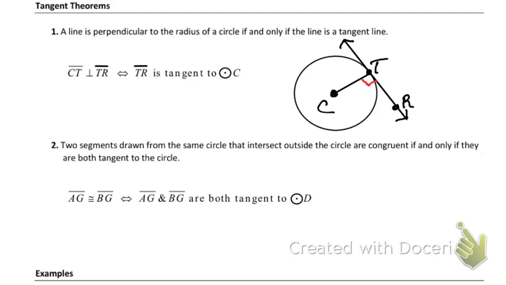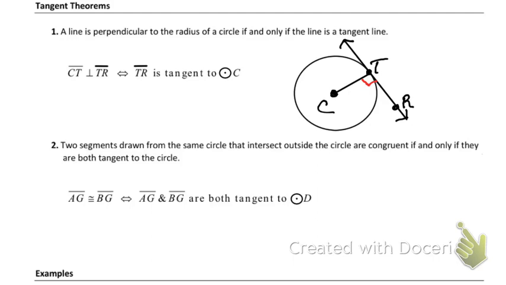I say it a lot like I did yesterday, because the more you believe it and you can see it in the picture and you think of it in your head, the easier these problems become. Once again, if you see a tangent line and you see a line going through the center, you should immediately go, okay, it's 90 degrees. Whether it's part of the problem or not, you should immediately think that. So you see a tangent line, think 90 degrees to that center line.